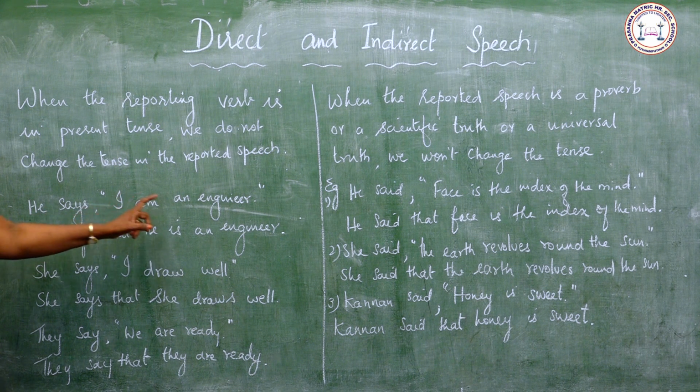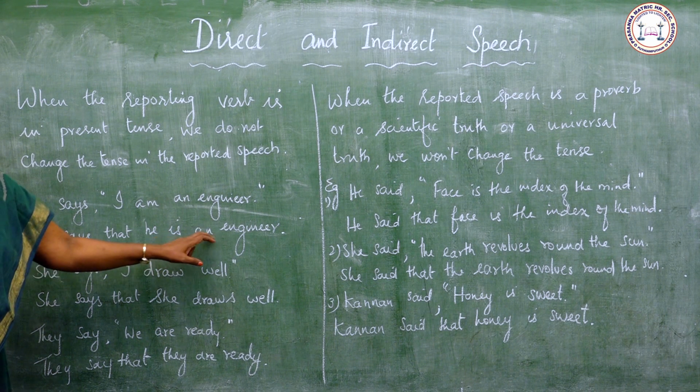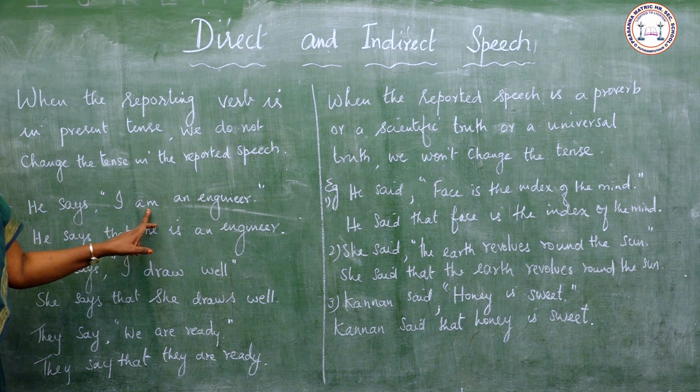He says, I am an engineer. Change to indirect: he says that he is an engineer. Here we remove the comma and quotation mark. We added that, and we change the verb from present to present; we do not change the verb.